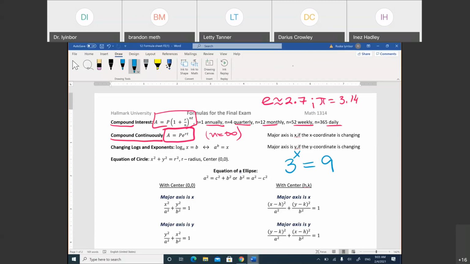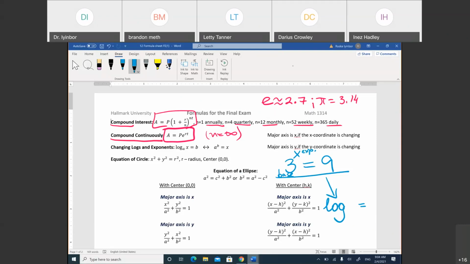Now, the opposite operation of the exponent is the logarithm. So the logarithm looks like we're going to put a base, we're going to put something, and then it's going to be equal to something. Looking at the exponential equation, 3 is called the base, x is called the exponent, and that equals 9.